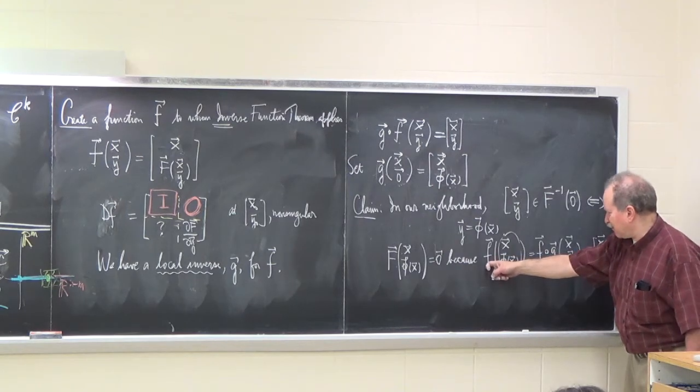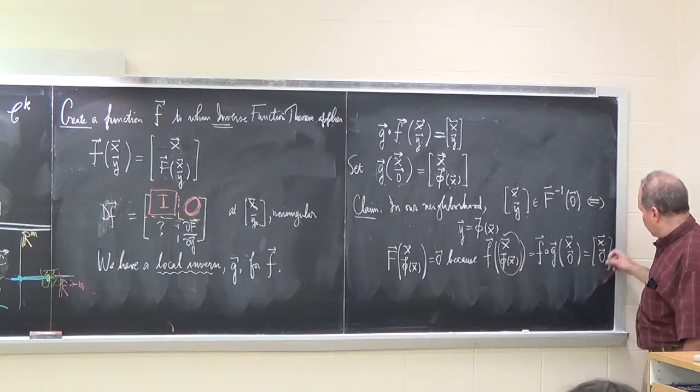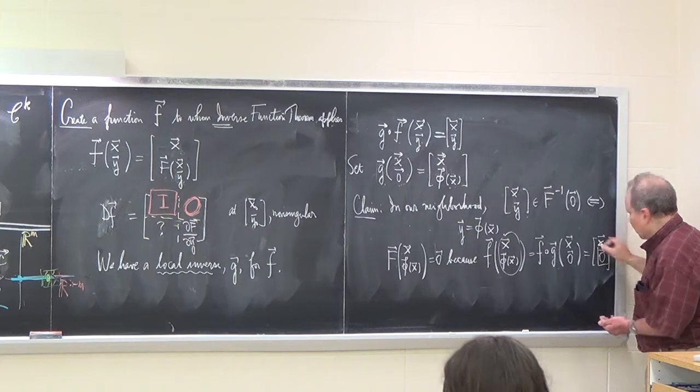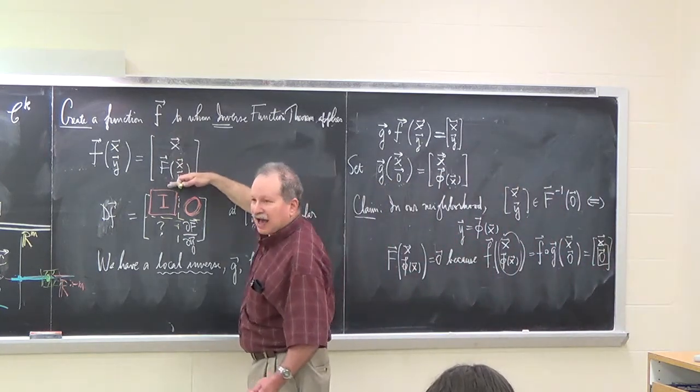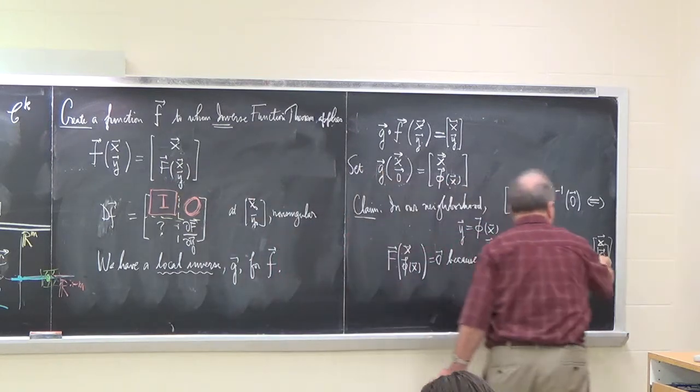So little f of this is x0. That means this piece is what capital F is doing. Little f is x, capital F. So if I get 0 here, that's capital F.